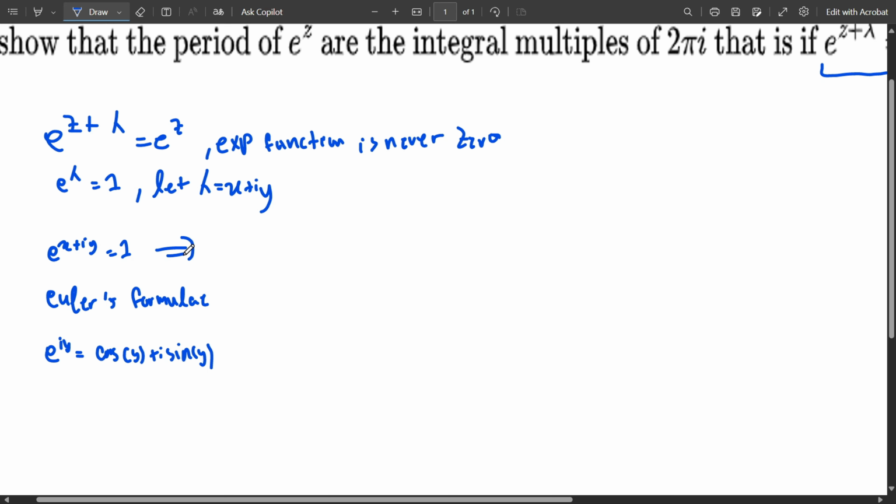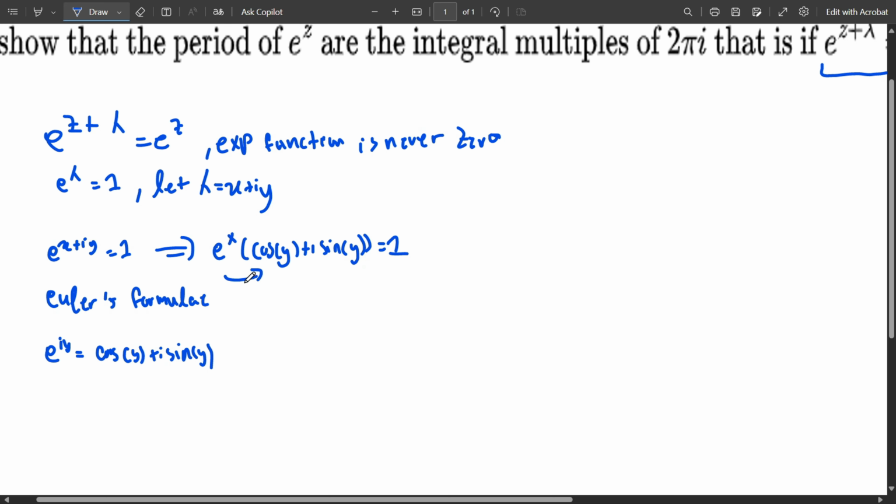So we can rewrite this equation using the exponential rules. We can write e to the x plus iy like this: e to the x times e to the iy, which equals e to the x times cosine of y plus i sine of y, equals 1.